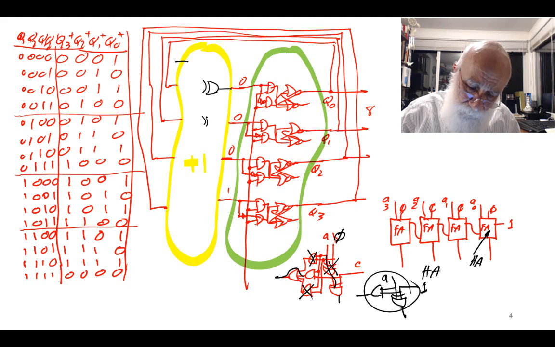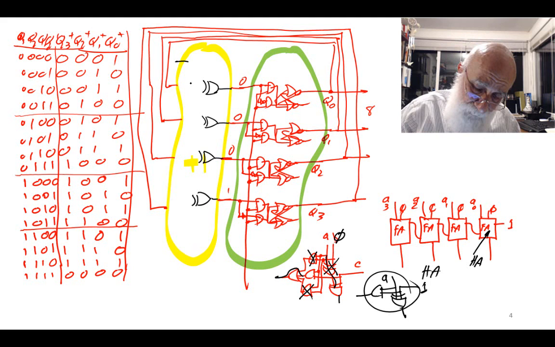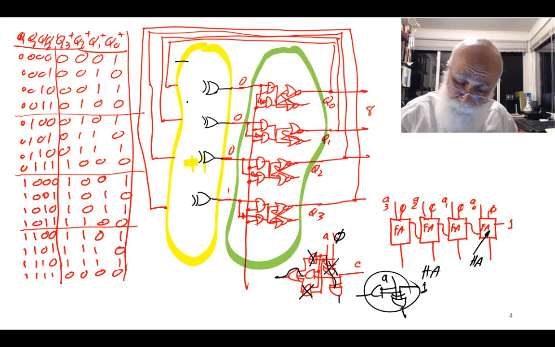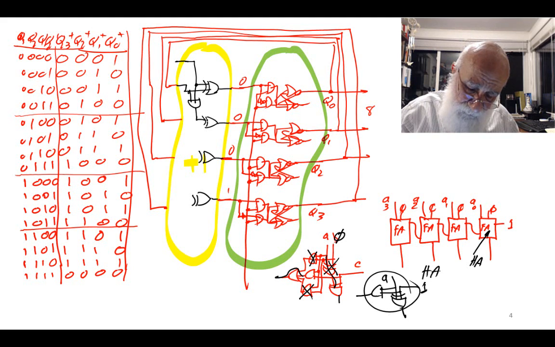I have another XOR, then an AND gate coming into this, an AND gate taking these, coming into this.